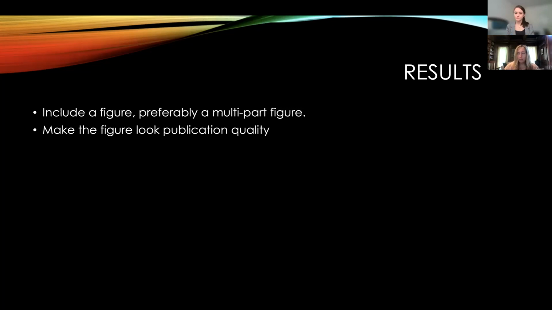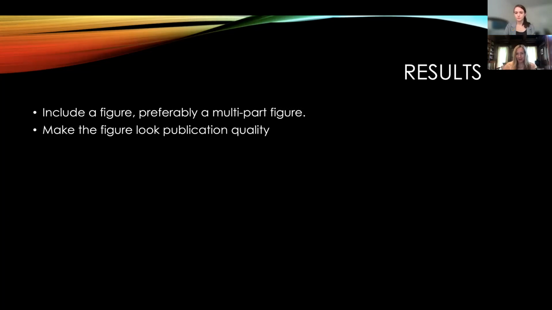Make the figure look publication quality. So this is really important. I've heard many people say this, but the message is, if you want your paper to go to Science, you should make it look like the figures belong in Science.